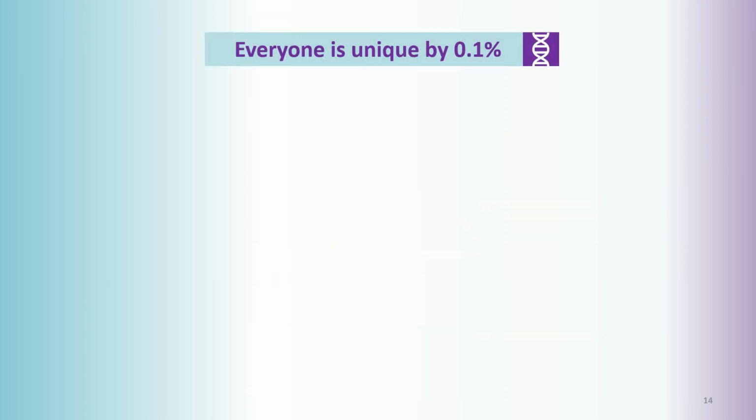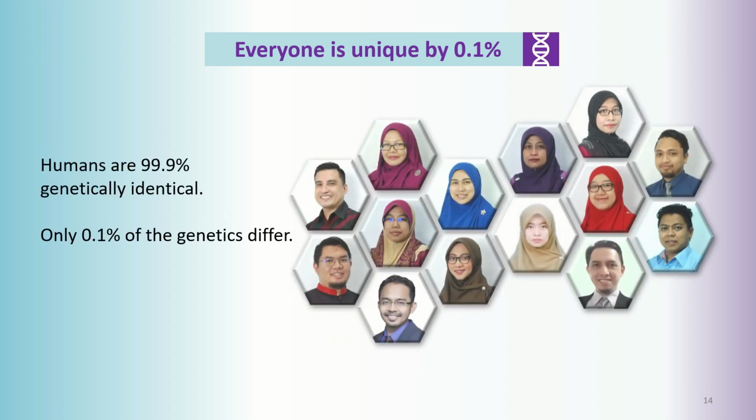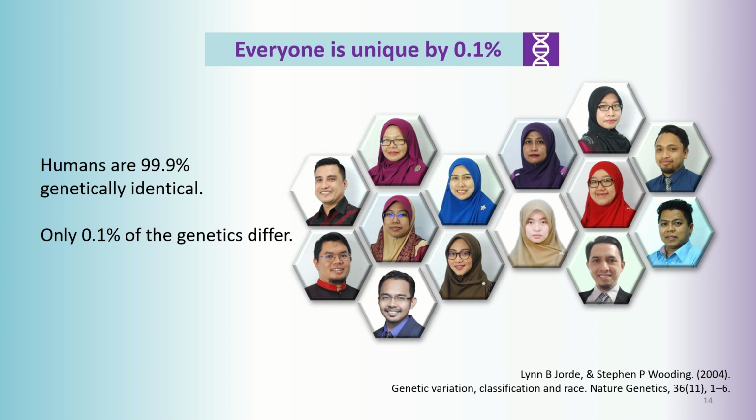And among us, everyone is unique by around 0.1%, as humans are around 99.9% genetically identical, and only 0.1% of the genetics differ. This small portion of the difference can be employed for the identification of people based on the DNA information.